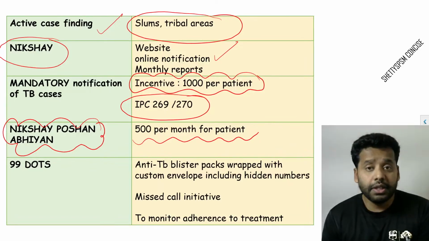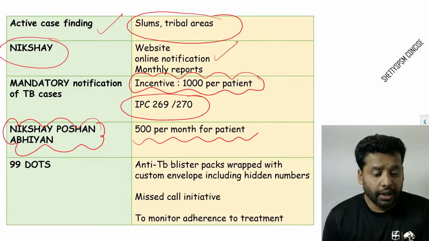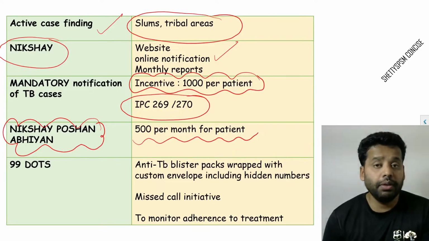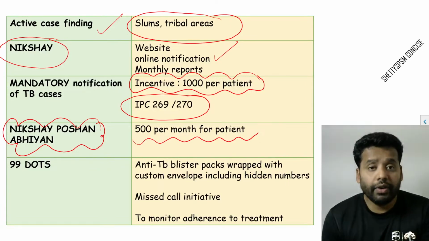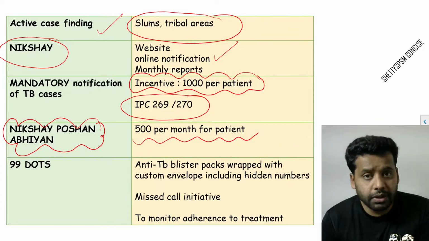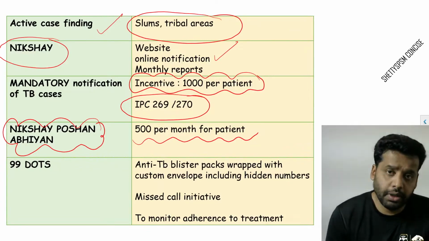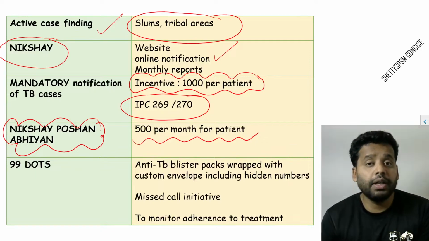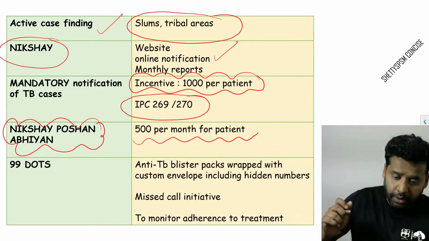This is NIKSHAY Poshan Yojana. It is for the patients. They'll be getting 500 per month during treatment. So how many months of treatment? 6 months of treatment.